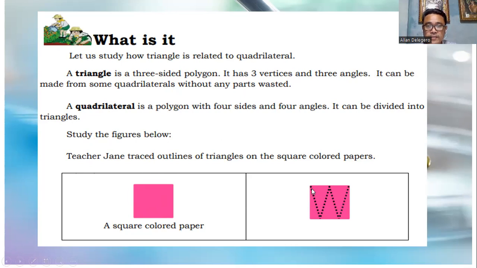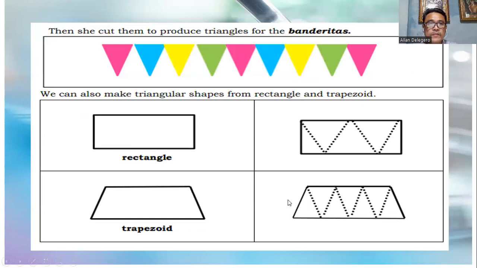On this column, a square colored paper was divided into 5 triangles. 1, 2, 3, 4, 5. Then she cut them to produce triangles for the banderitas. At ito na ang mga banderitas.